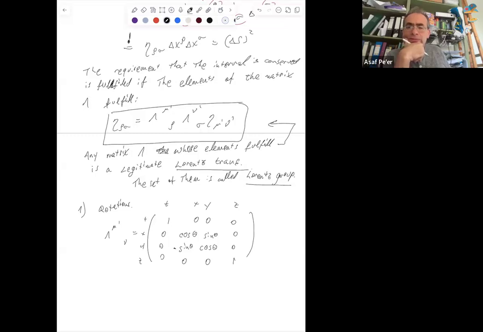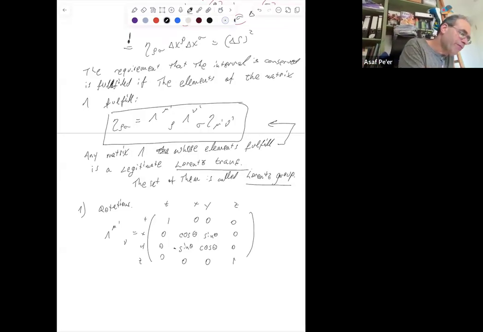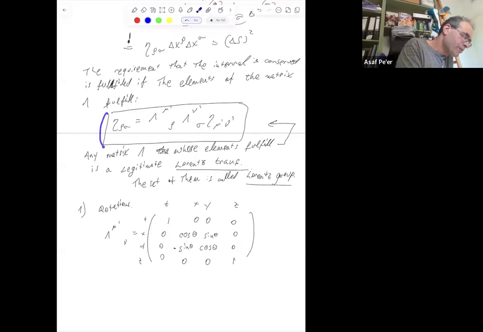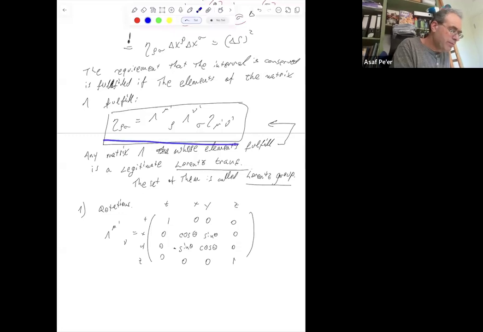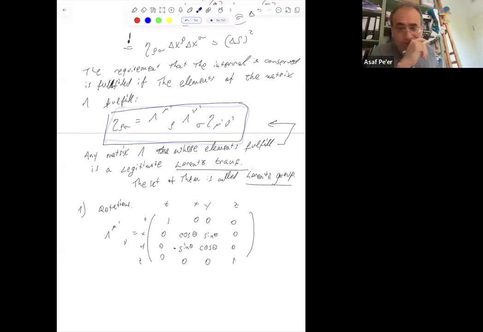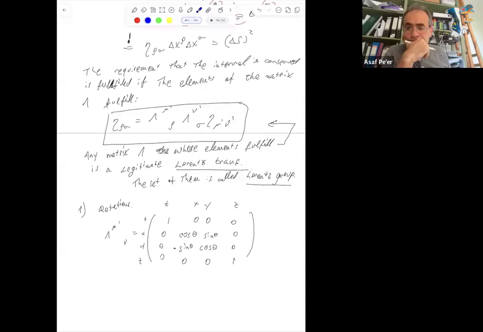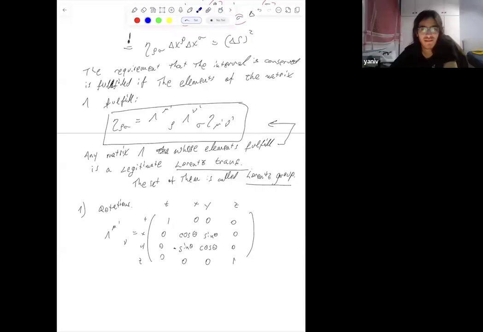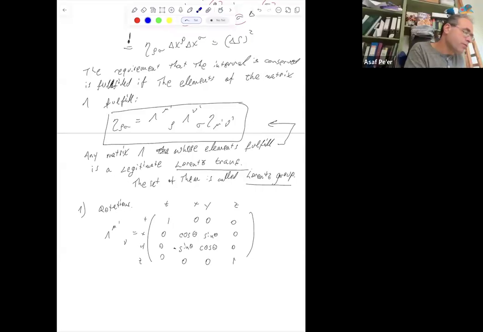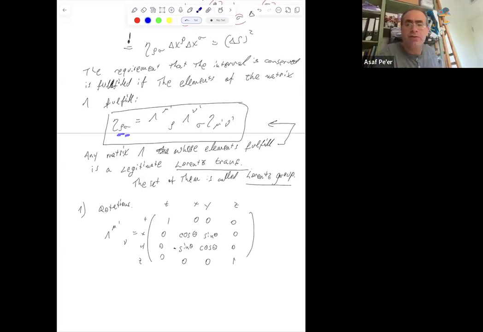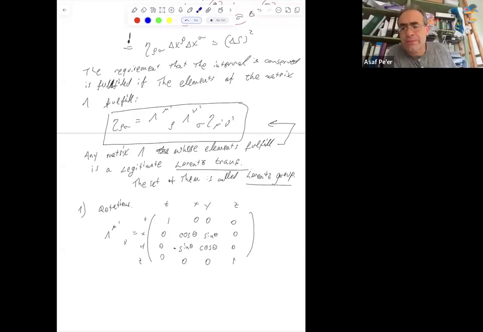In order to see that, you need to check. By the way, speaking of which, look at that. How many equations are written here? 16, because rho and sigma each go from 0 to 3. So there are 16 equations.